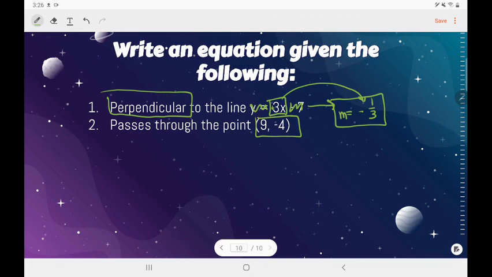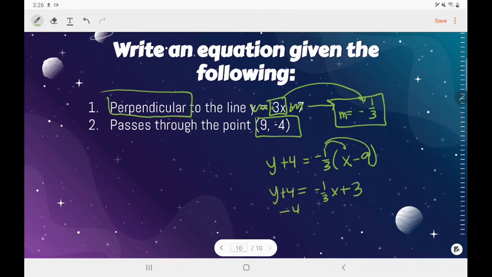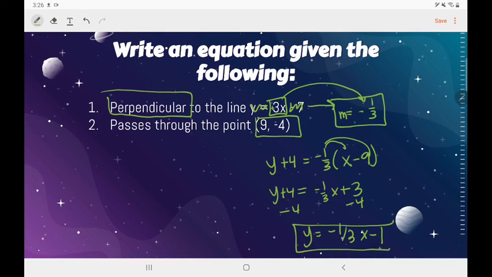This is the point. y minus a negative 4 equals negative 1/3 times x minus 9. Distribute, negative 1/3 x plus 9 over 3 simplifies to just a 3. y plus 4, I eliminate the plus 4, minus 4. y equals negative 1/3 x minus 1. And that would be my final answer.